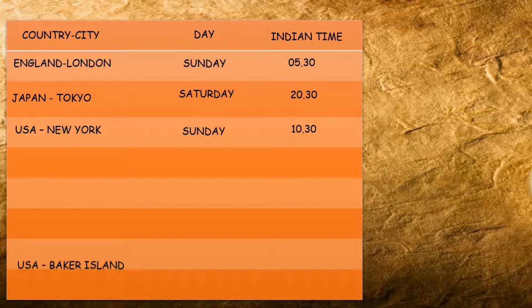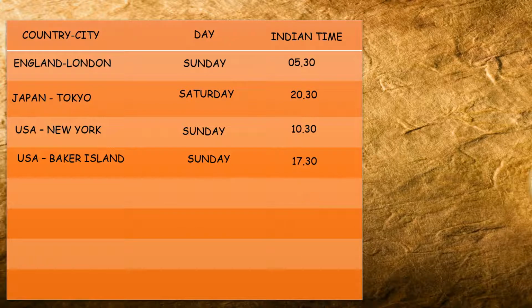Now the next is USA Baker Island. When USA Baker Island was celebrating New Year, that time in India, already it was Sunday and timing was given 17:30 hours. It means evening 5:30.